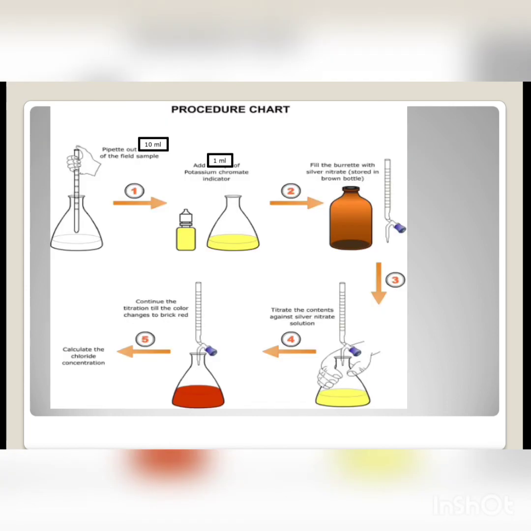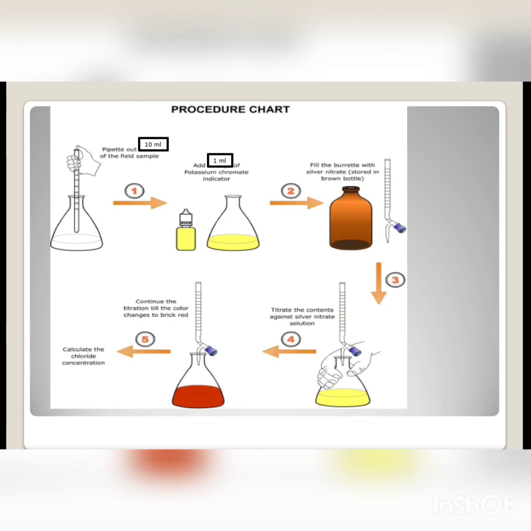We have to calculate it for 100 ml diluted sample solution. So we will do cross multiplication, that is A into 100 divided by 10. After doing this calculation, consider that your final reading will be B gram of chloride.